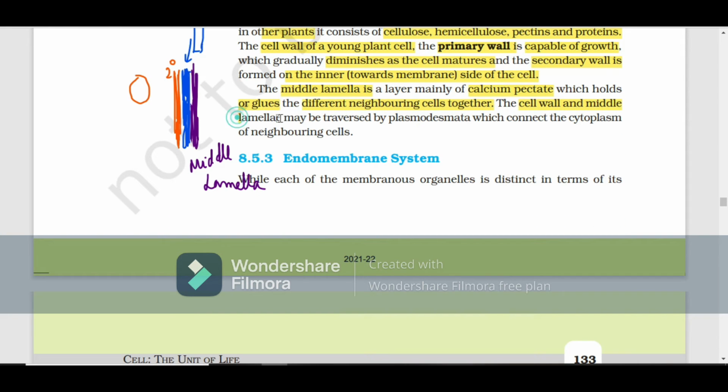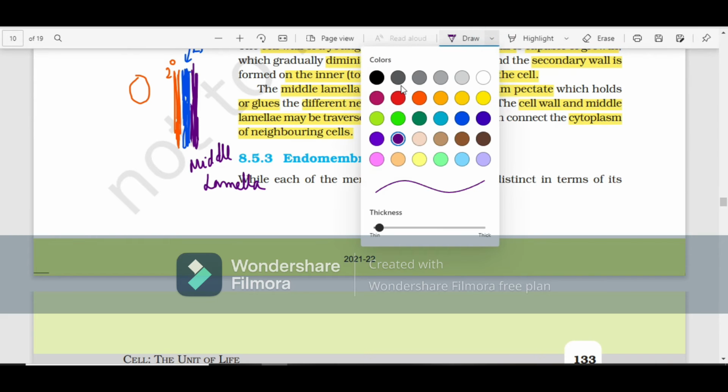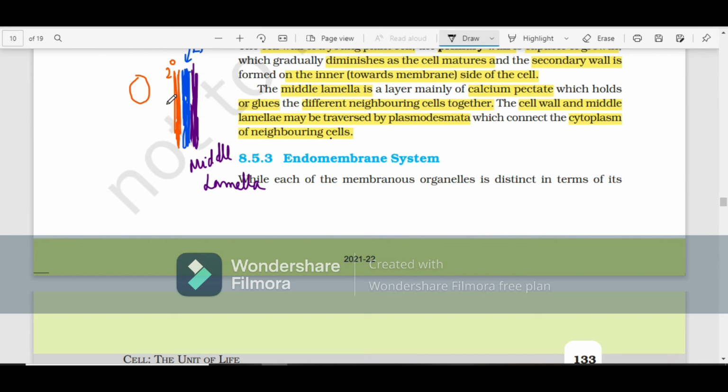The cell wall and middle lamellae may be traversed by plasmodesmata, which connect the cytoplasm of neighboring cells. Let's suppose this is the cell. There are connections like this. Again, there'll be the middle lamella of the adjacent cell, and then the primary cell wall and secondary cell wall.